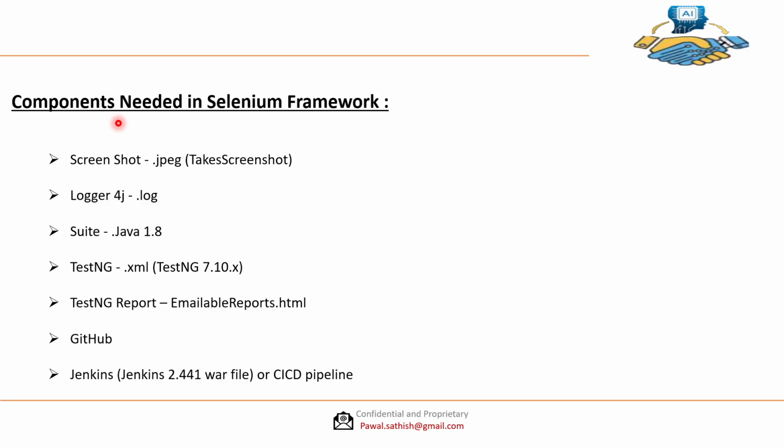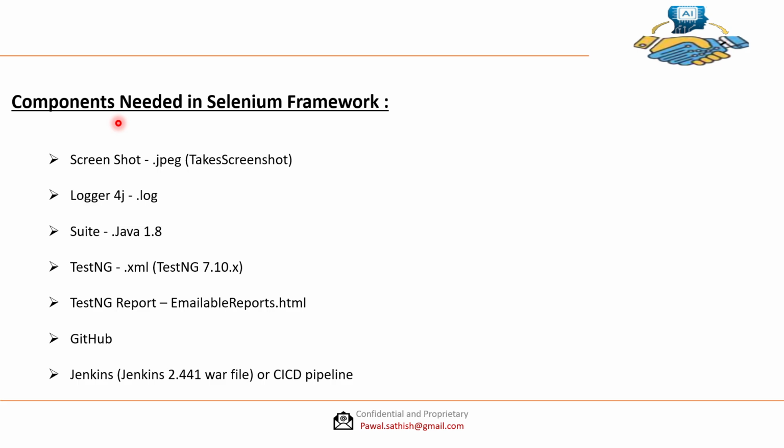To store the entire code, we are using GitHub. The next component is Jenkins. We can use the Jenkins 2.4.4 war file. When we deploy the code for the nightly build, we can kick off the automatic build using Jenkins. So these are all the components.